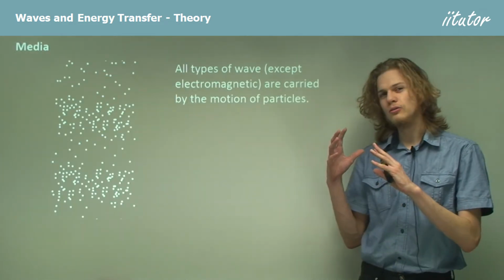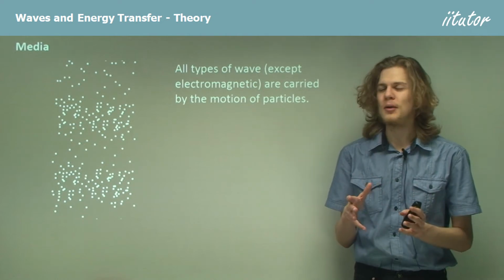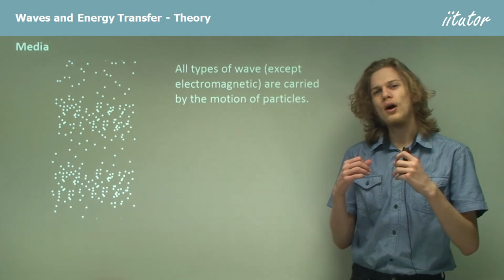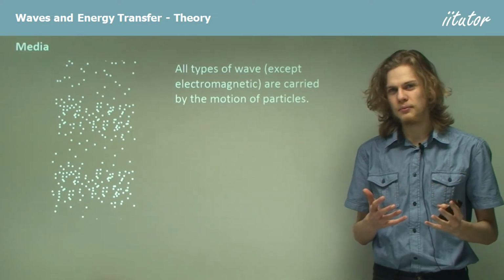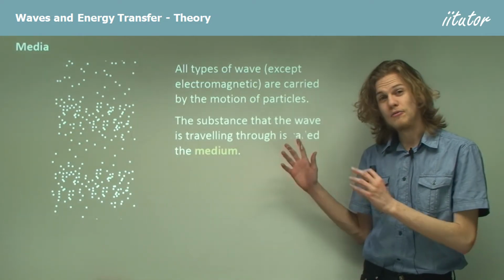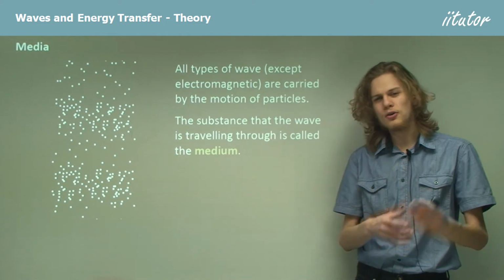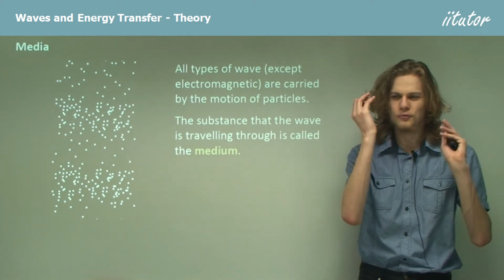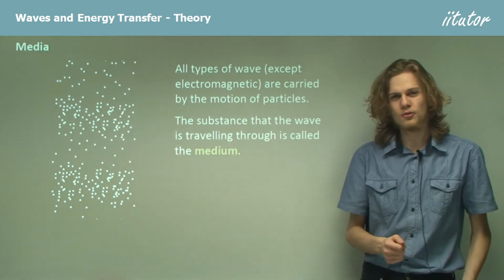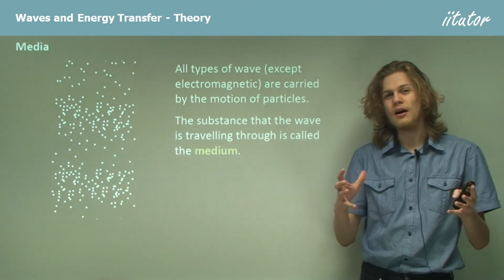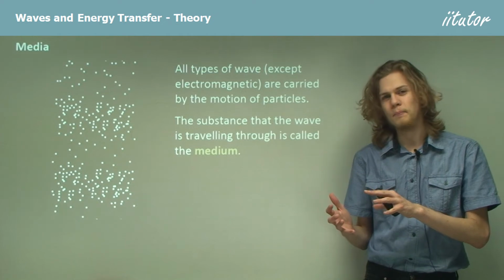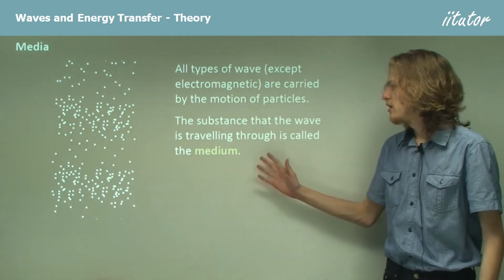So it turns out that all types of non-electromagnetic wave require particles interacting with each other in order for them to propagate. So if we have particles, then all those particles acting together must form some sort of substance. So the particles might be molecules or atoms or something, but whatever they are, they're making up something bigger. And we call that bigger thing the medium.